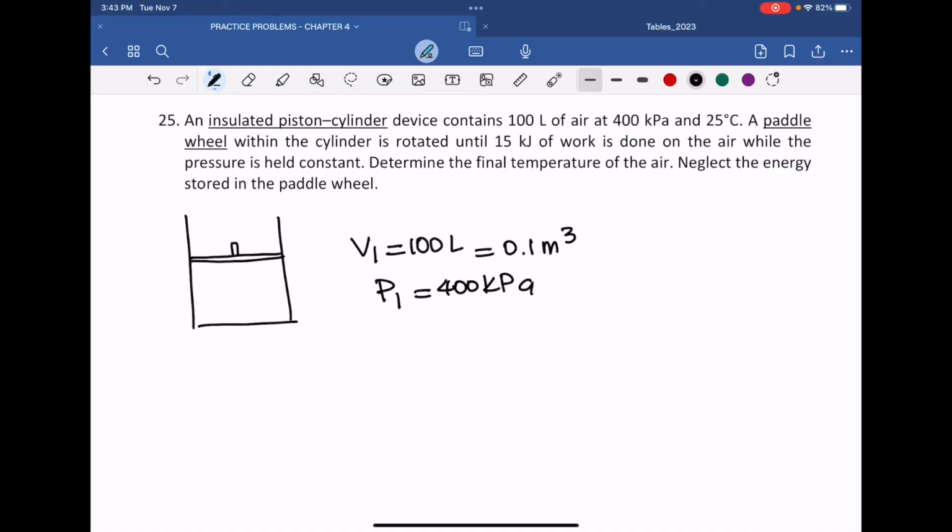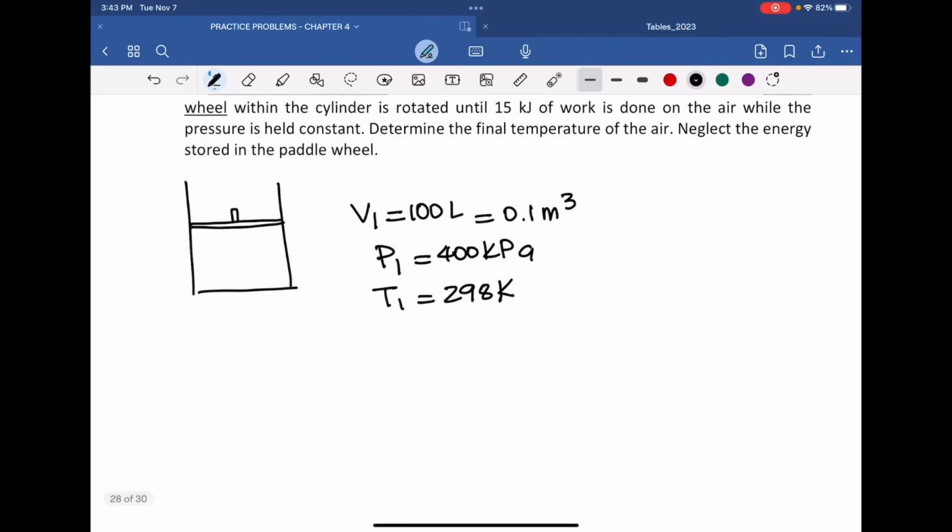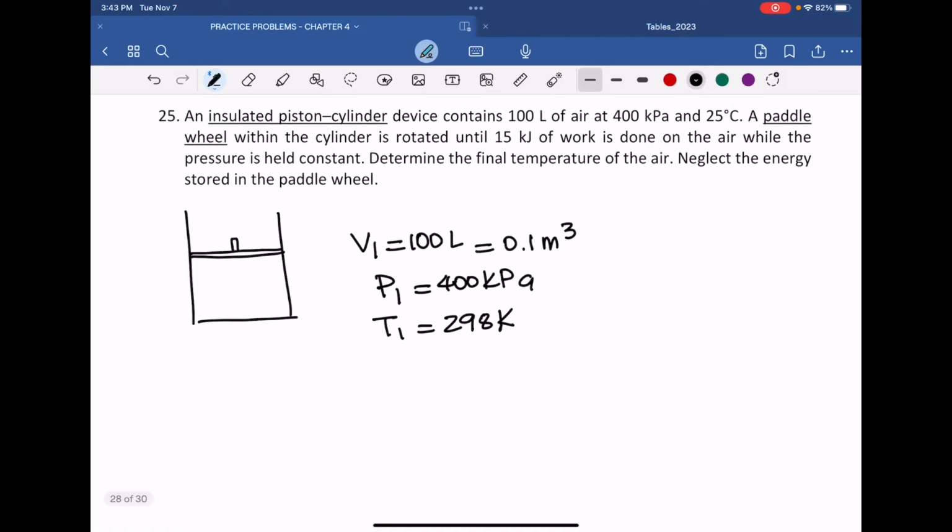Since this is an ideal gas, probably we will use ideal gas equations. So in terms of Kelvin, this is 298. A paddle wheel is rotated. There's shaft work getting in, until 15 kilojoule of work is done on the air. Okay, so I guess this means that they are giving us the shaft work, right?